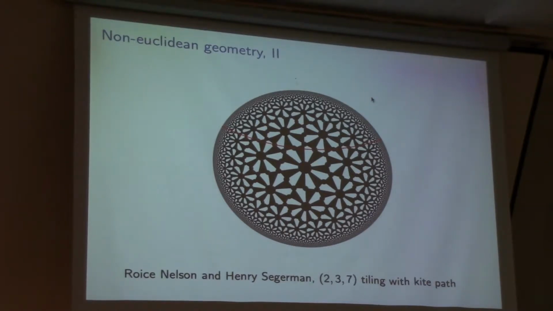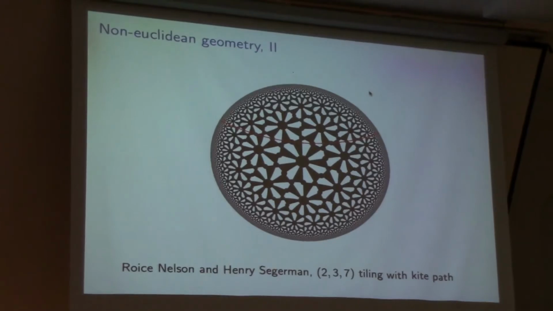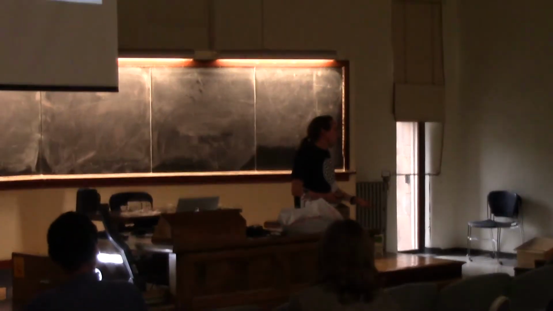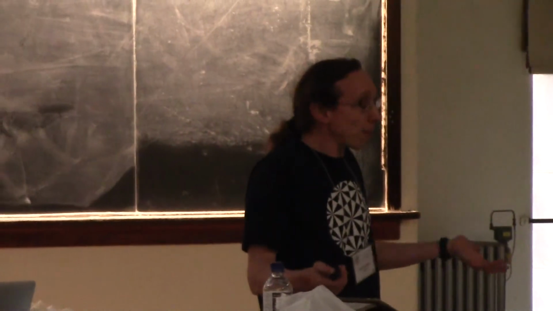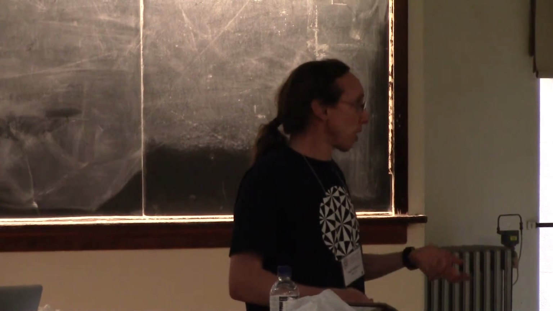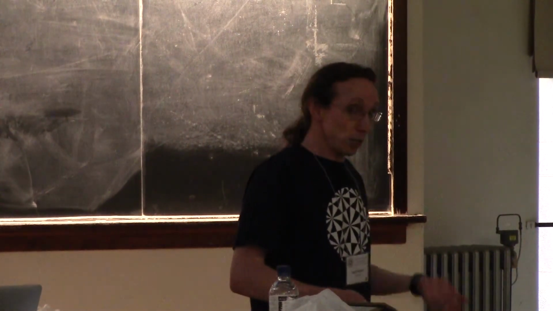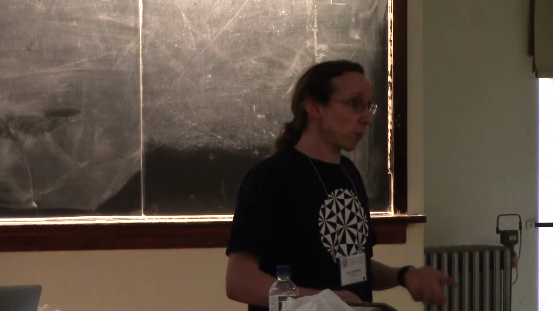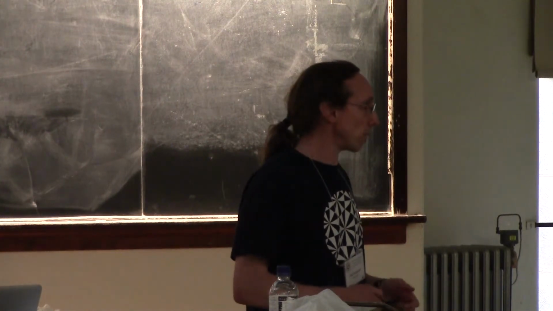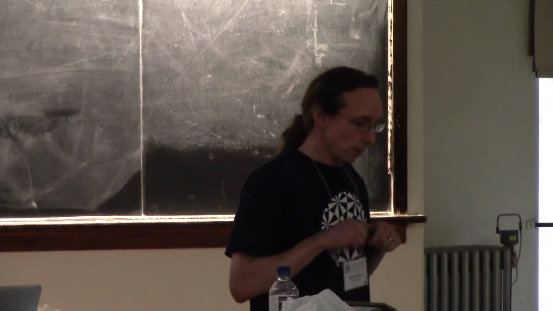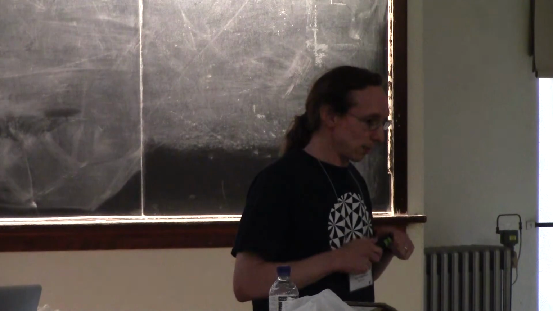Okay, so if I want to think about spherical geometry, I'll think about the spherical projection. If I want to think about hyperbolic geometry, I'll use the Poincare disk model. But there are actually many other models of hyperbolic geometry. There's also the Poincare upper half-plane model, and the Klein disk model. There's the hemisphere model.